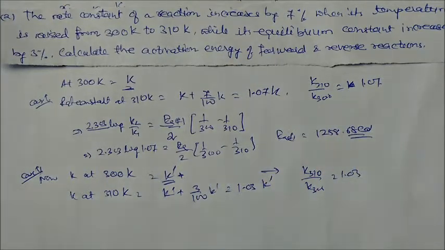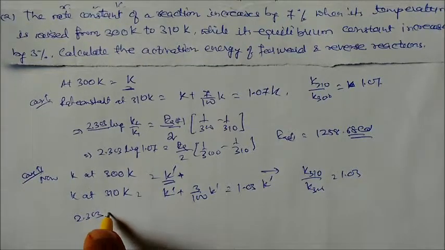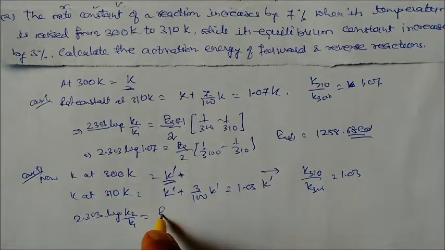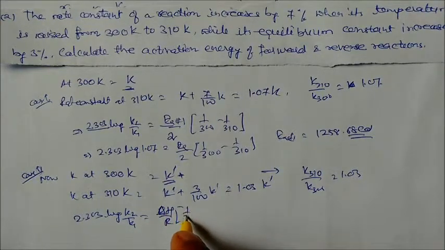Again we take the same equation: 2.303 log of K2 by K1 is equal to delta H by R, and the temperature term is again 1 by 300 minus 1 by 310.